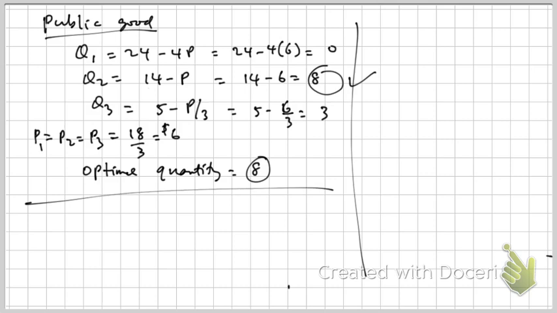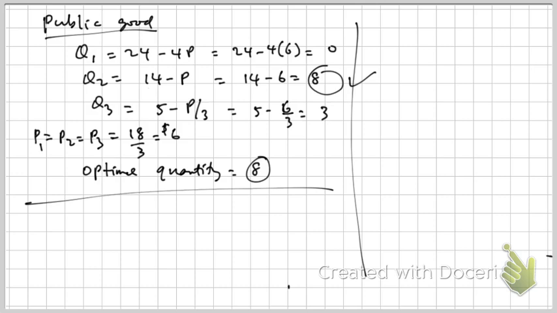So in the second part, you are asked what is the socially optimal number of parks. Show how the government can achieve the social optimal by setting the correct tax prices, P1, P2, and P3. So here we have the adding up vertically.